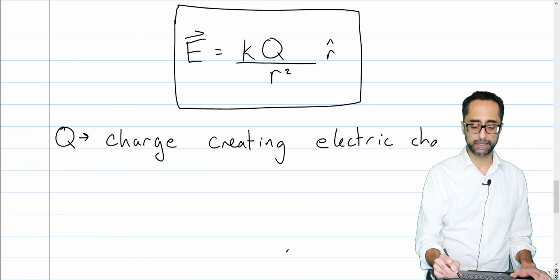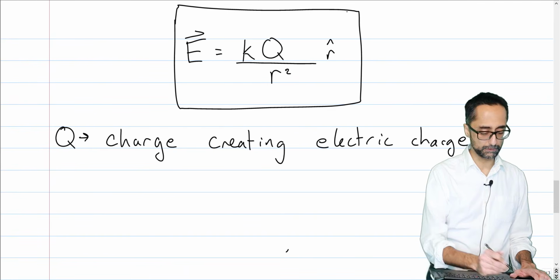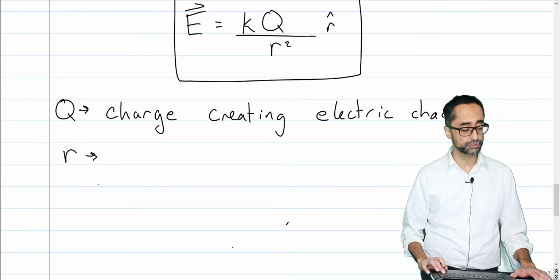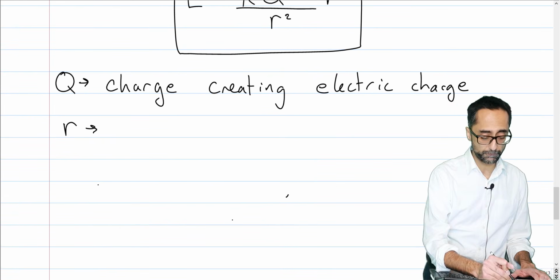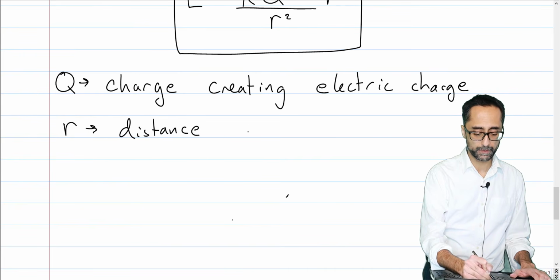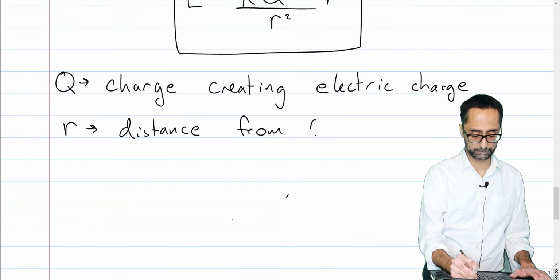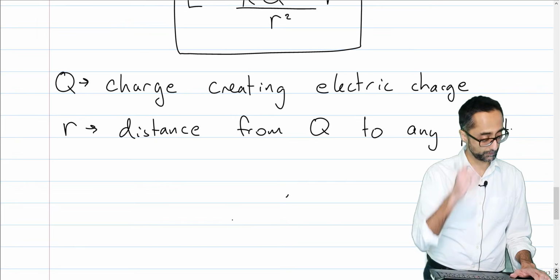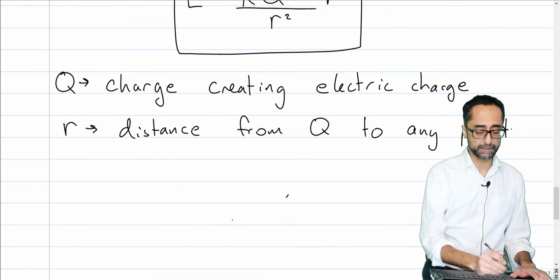It is creating the electric field. And R, this time again, is not the distance between charges, but we're going to call it the distance from Q to any point where we are trying to find the electric field.